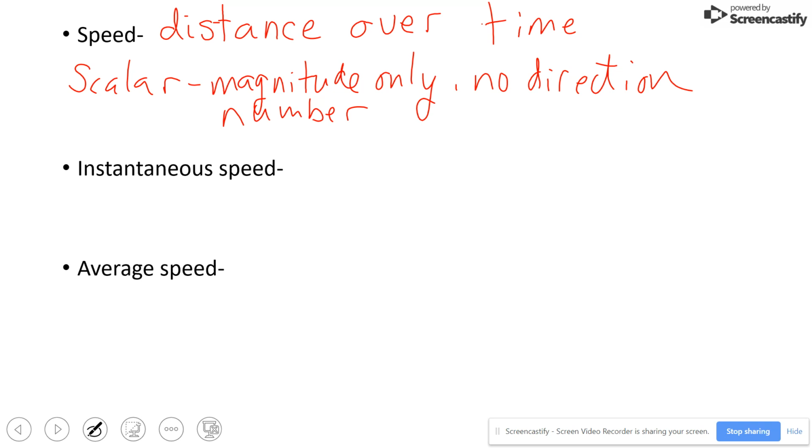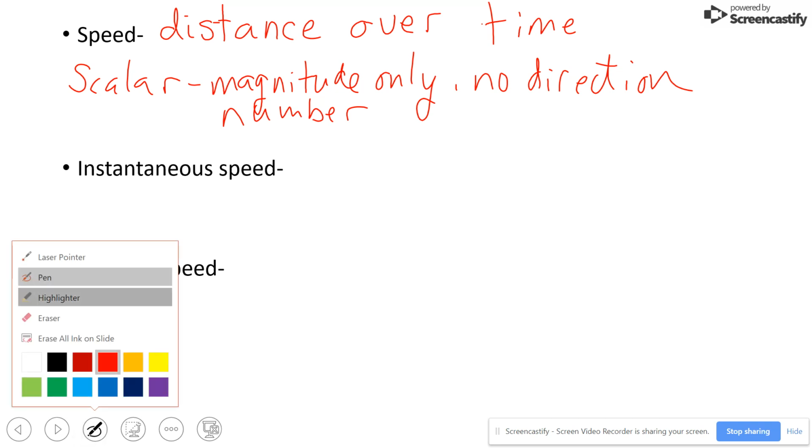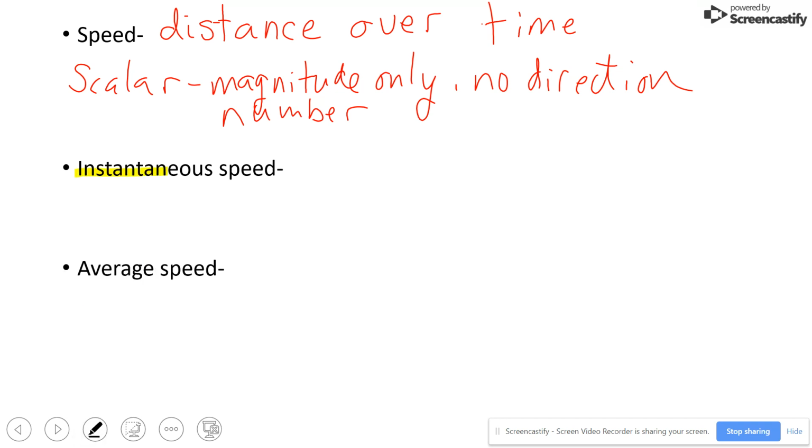Instantaneous speed. So if you're doing something this instant, you're doing it right now. That's how I remember it, because you've got your base word there, instant, right in there. So if you're talking about an instantaneous speed, you're finding the speed at that moment.